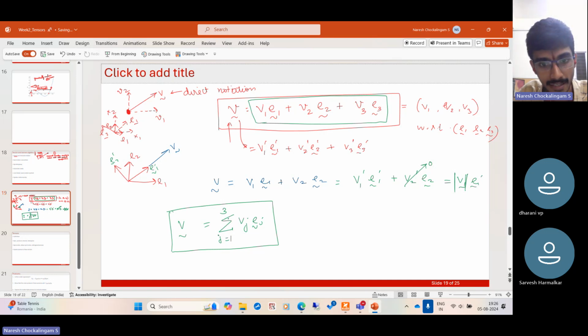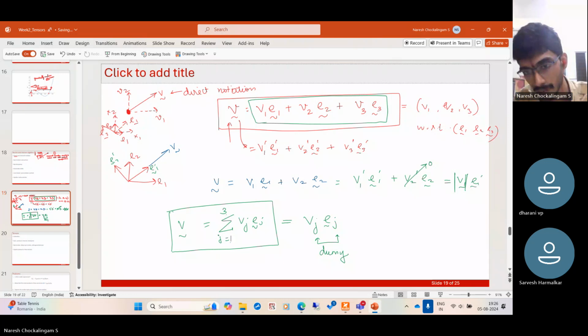Instead of expressing the summation limits, Einstein just writes it as Vj Ej, with the understanding that the summation is over the repeated index j. Such an index is called a dummy index. So Einstein came up with this summation convention, called the indicial summation convention or indicial notation.